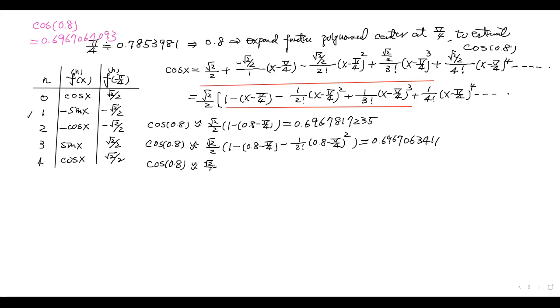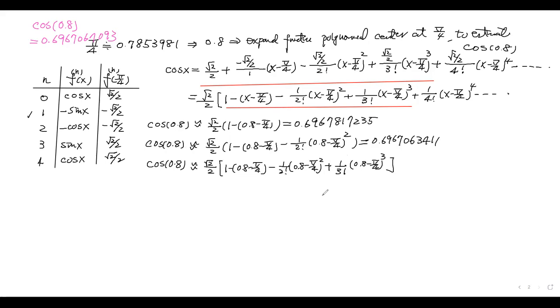So it's square root of 2 over 2, then this is 1 minus (0.8 minus pi over 4), minus 1 over 2 factorial (0.8 minus pi over 4) squared, then plus 1 over 3 factorial (0.8 minus pi over 4) to the third.